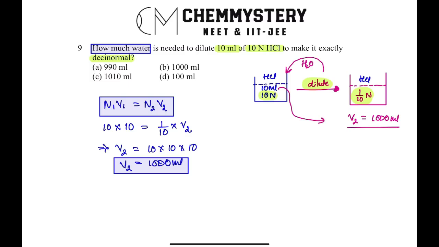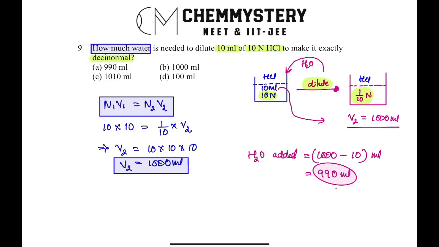So the H2O added, the water that we are going to add, is equal to 1000 minus what was present originally, that is 10. So it should be 990 ml of water you need to add extra to dilute the 10 ml HCl solution to reduce the normality from 10 normal to 1 by 10 normal.